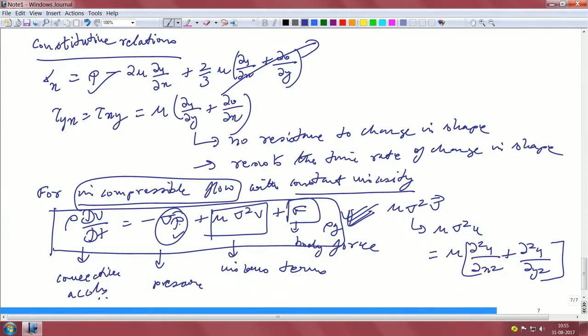For incompressible flow, constant viscosity, Newtonian fluid, using the constitutive relationships that we just laid down, you would be able to show that this is the entire relationship, which has a pressure term. Remember, this is not just the pressure, this is the pressure gradient, which is important. And then you have the viscous term, the body force term, and the term related to the convective acceleration.